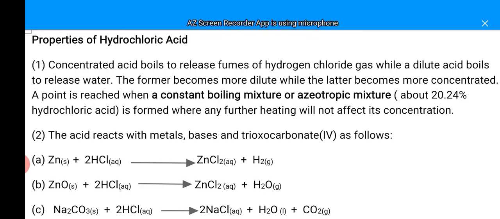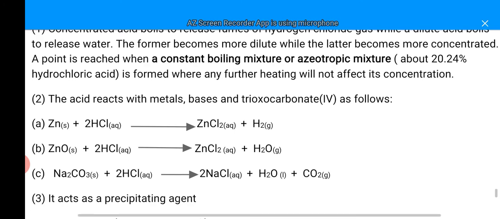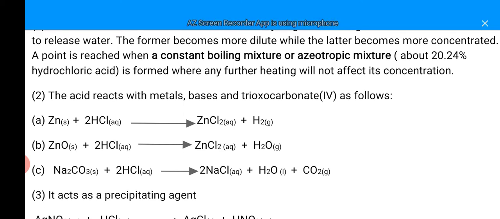Like zinc reacting with HCl, giving us zinc chloride and H2 as we have in 2A here. In 2B, we have the base, zinc oxide, reacting with the acid, hydrochloric acid, giving us zinc chloride, and the water or the steam being released. Then we have sodium trioxocarbonate 4 reacting with hydrochloric acid. What do you have as a product? You have sodium chloride, you have water, and you have CO2 being released as the gas.